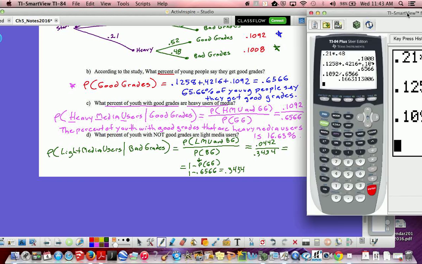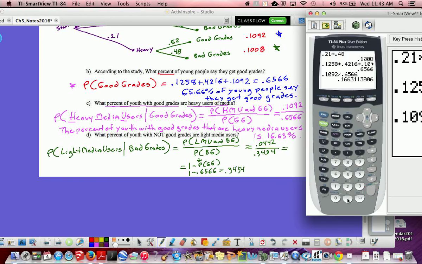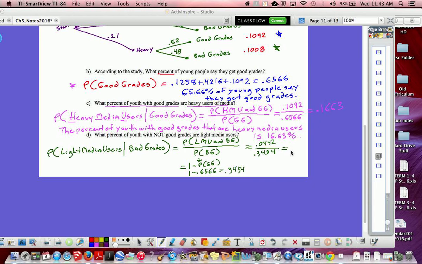So, one last calculation in one sentence. 0.0442 divided by 0.3434, 0.1287.